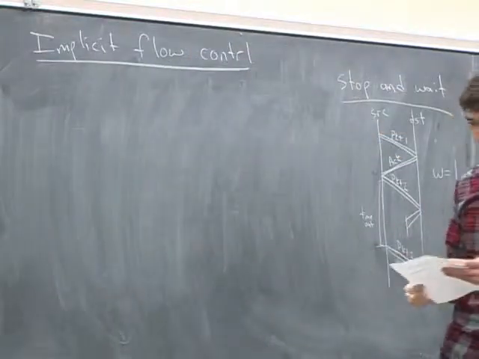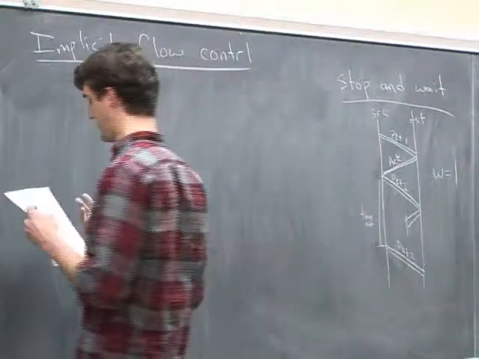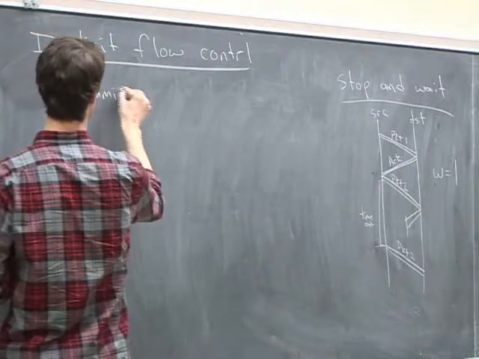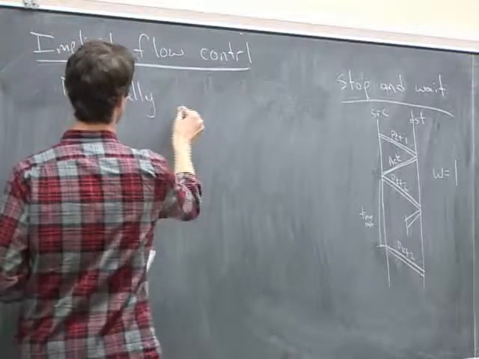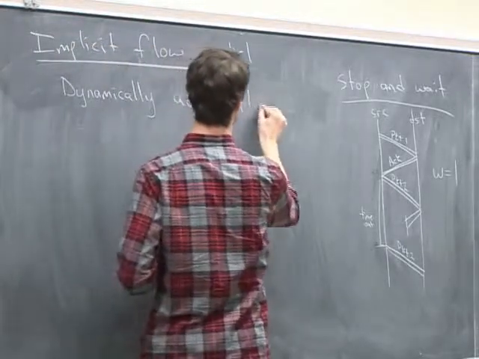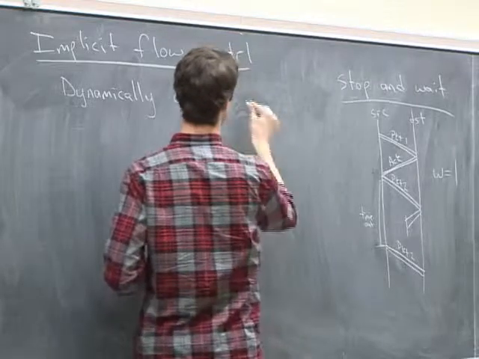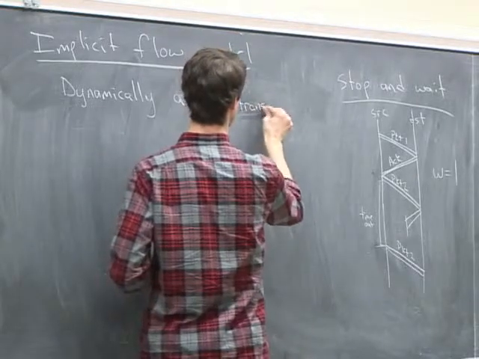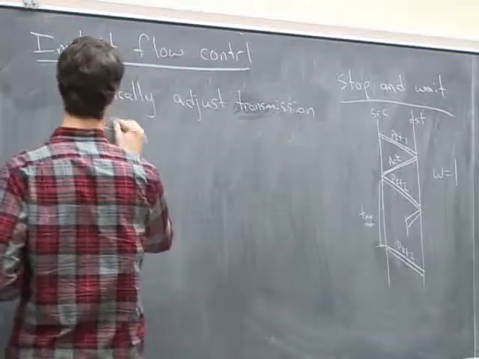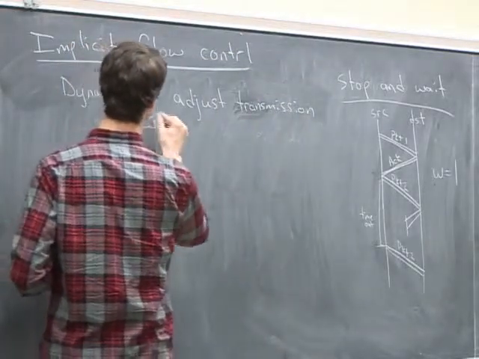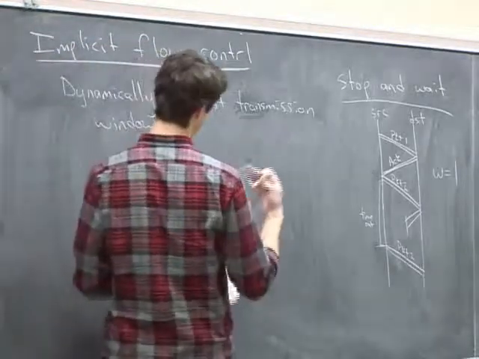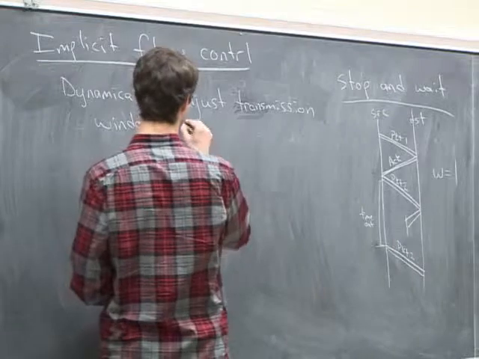In implicit, we're going to dynamically adjust our flow window, our transmission window, and we dynamically adjust it in response to undelivered packets.